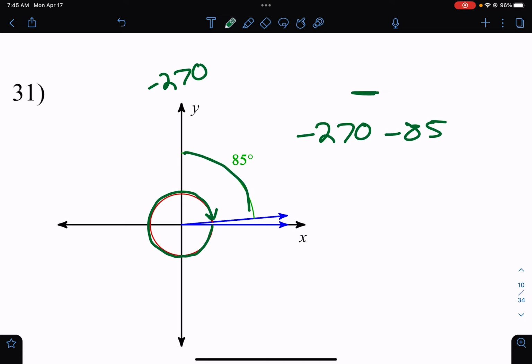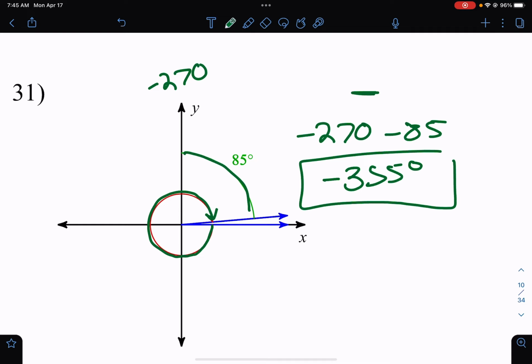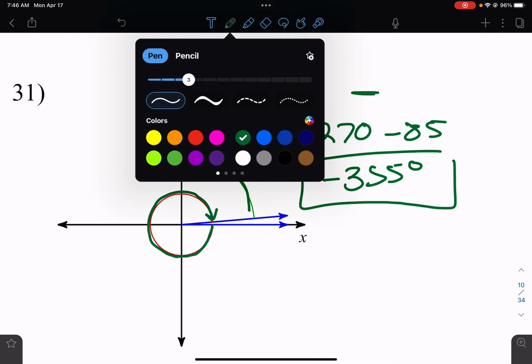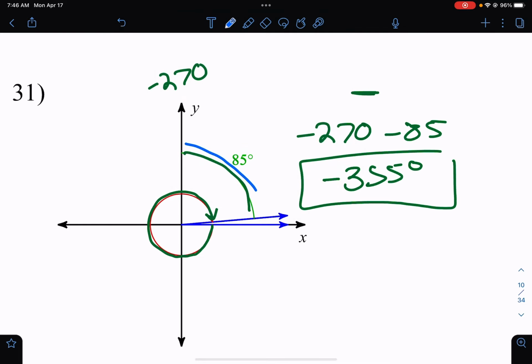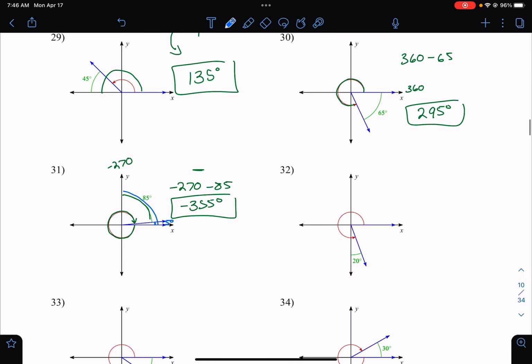That's one way to do that, which is going to give us negative 355 degrees. The other way you could think of this is, we know that this is 90, so we are 5 degrees away from being negative 360. Well, what's 5 degrees away from negative 360? Negative 355. So there's really no set formula. You just logically have to work your way through these.